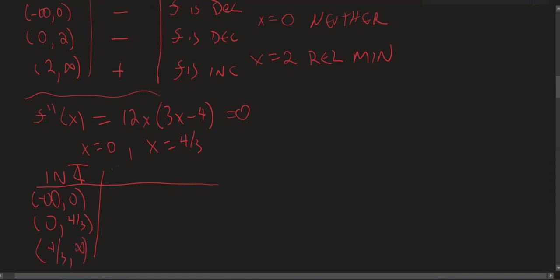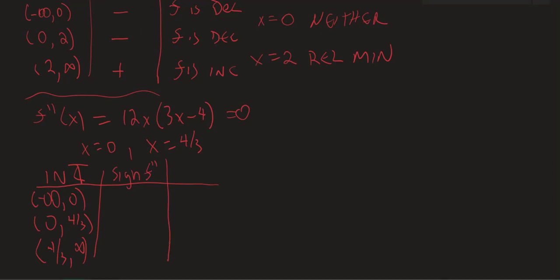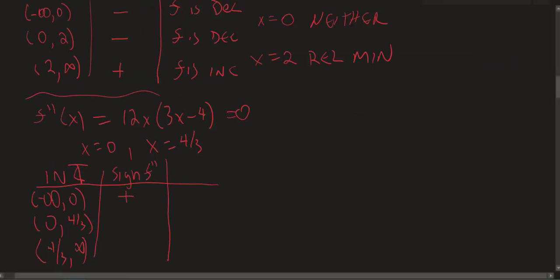Okay, this time we're looking at the sign of f double prime because we are concerned about concavity. So if we plug a number in each interval in the second derivative and look at its sign. So the first interval, I'm going to test -1. If I plug in -1, you end up getting a positive value. It doesn't matter what the number is, just if it's positive or negative.